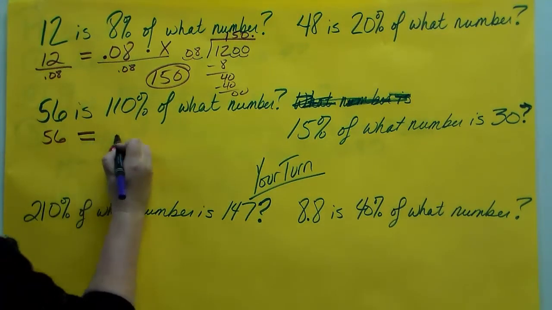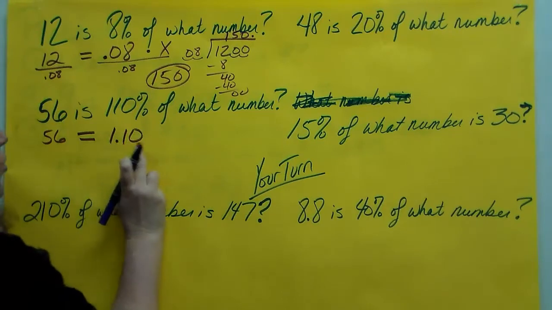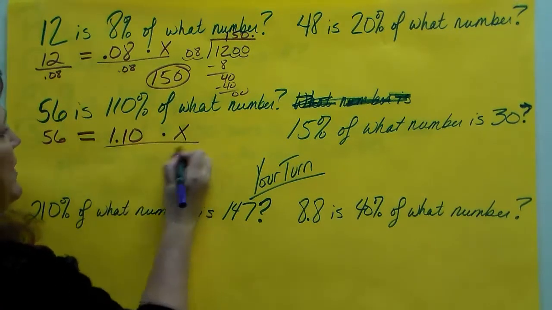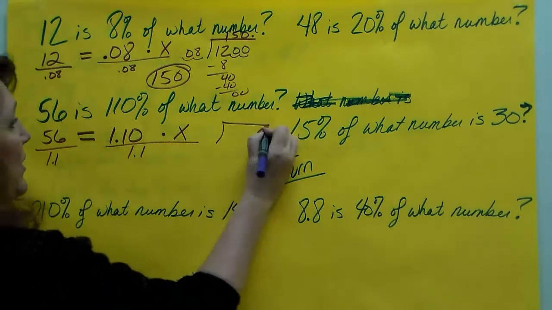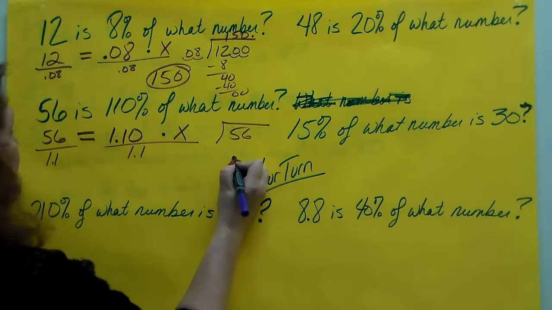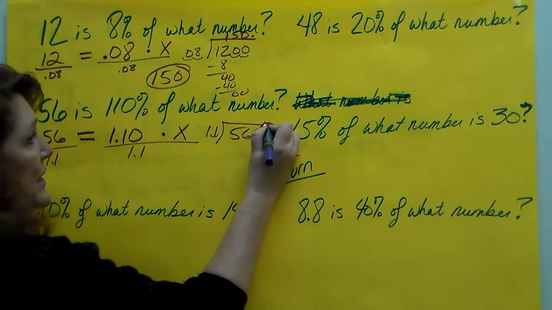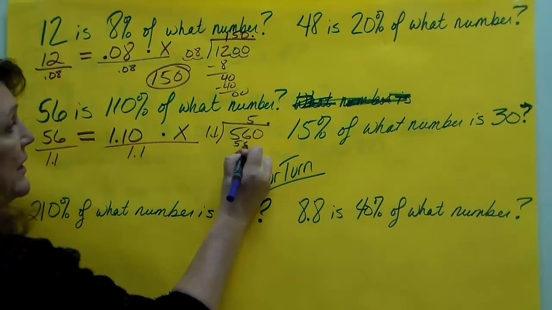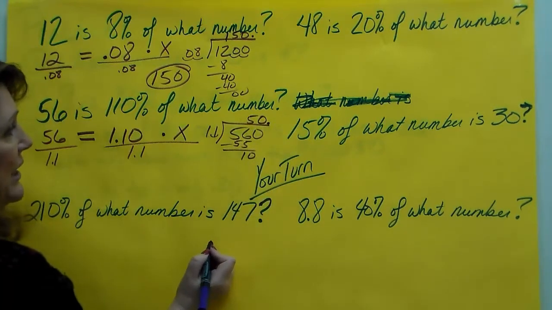56 equals 110%, which is 1.10 of x. Well, I'm going to divide each side by 1.1. And I'm going to do a little bit of long division. 56 goes in the top and 1.1 goes on the bottom. And I'm going to move that decimal over one time. 11 goes into 56 5 times. And 11 goes into 10 0 times.